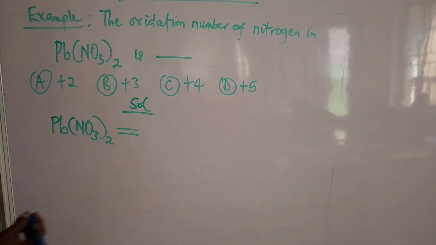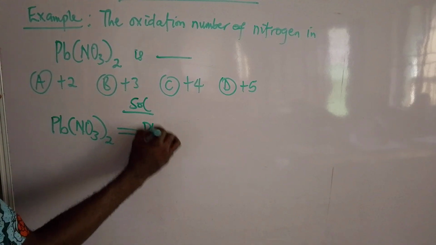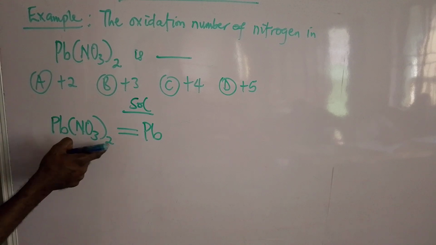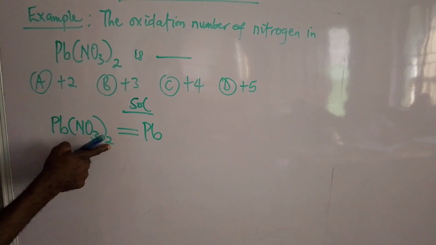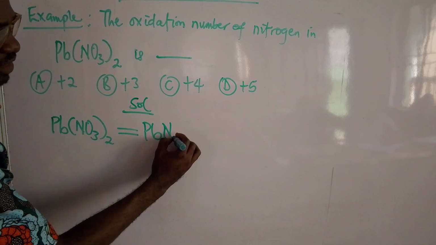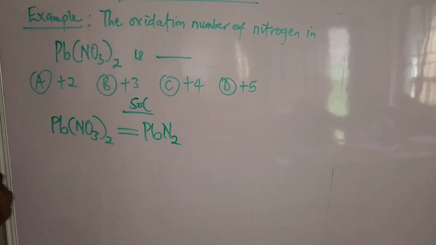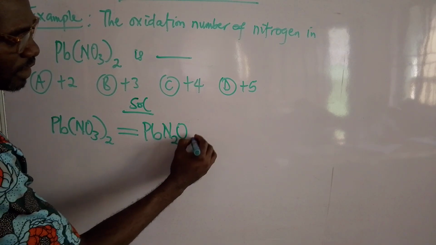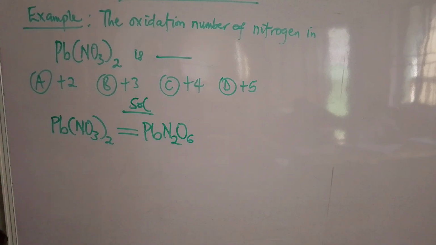Write your Pb. Now see this one in bracket, let the 2 go inside. The 2 will multiply N and O and stand like this. So interpret it like this.